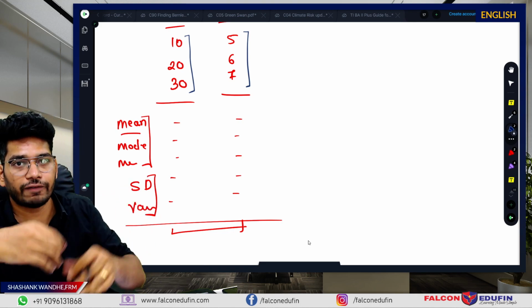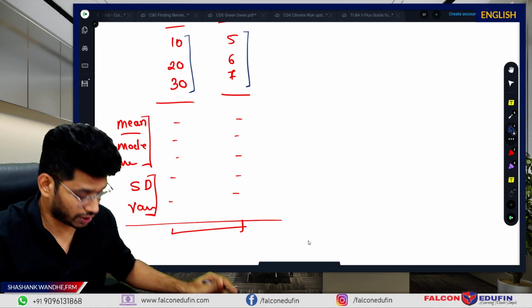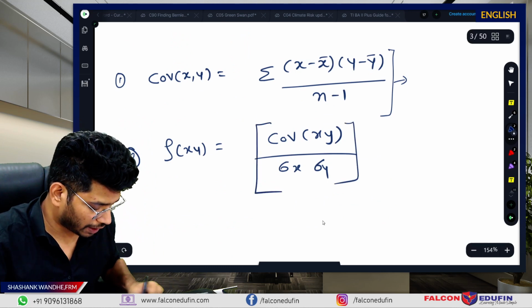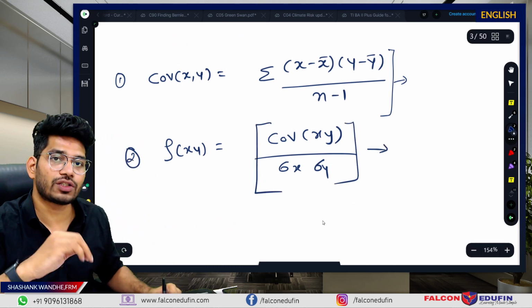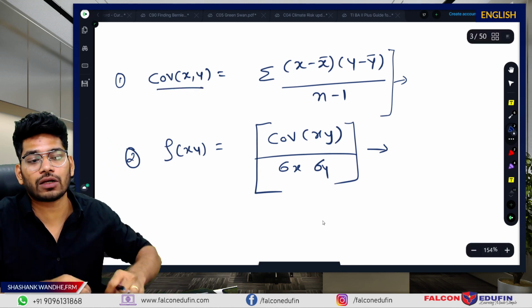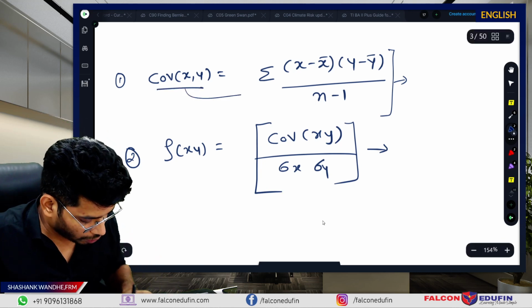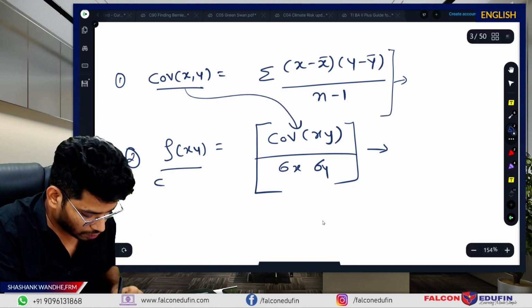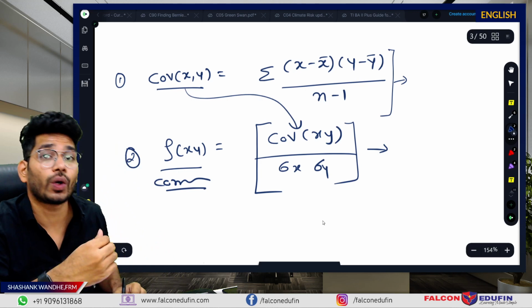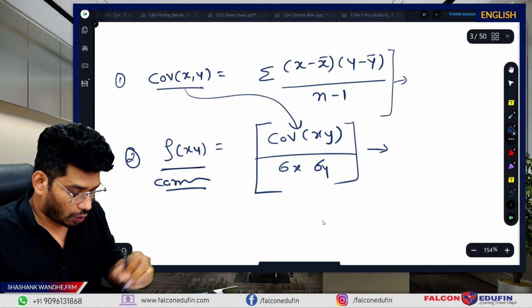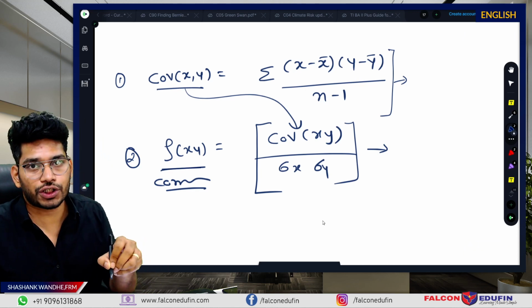You simply feed the values. It will provide you the correlation, not the covariance. Generally, there is no use of covariance apart from calculating the correlation. So we feed covariance into the correlation formula, which is Pearson's correlation coefficient in the standard format. We use covariance to calculate the correlation. Fine.